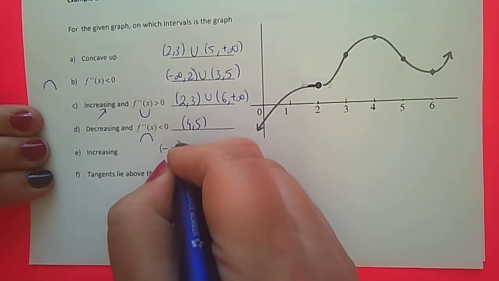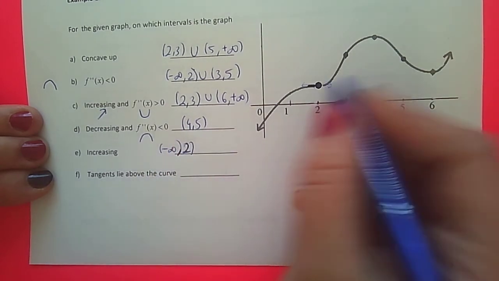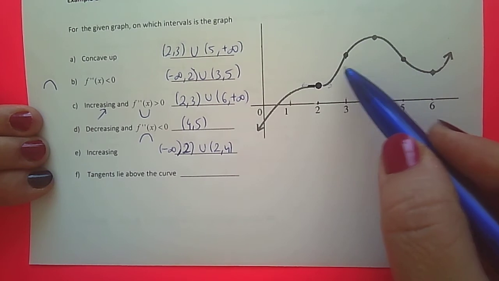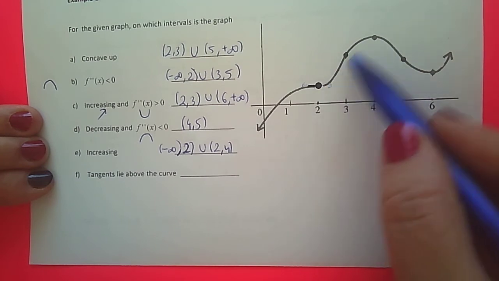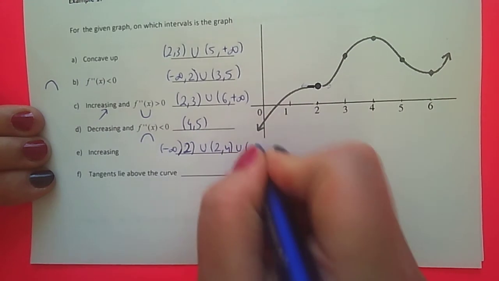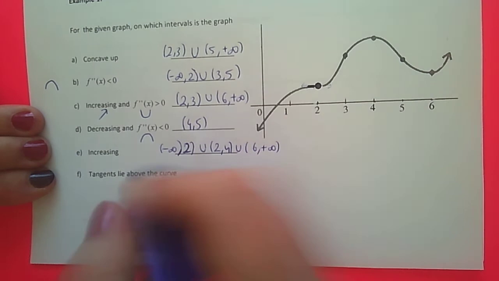So from negative infinity to 2, from 2 to 4, and let's see if we have more increasing intervals. So this is decreasing, and from 6 to positive infinity, again increasing.